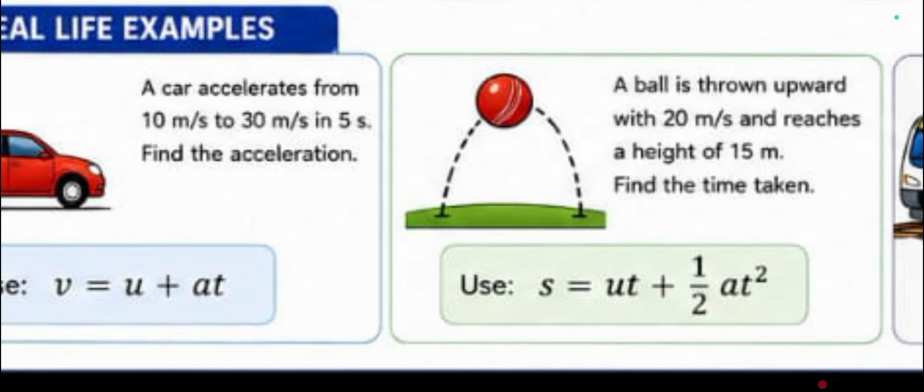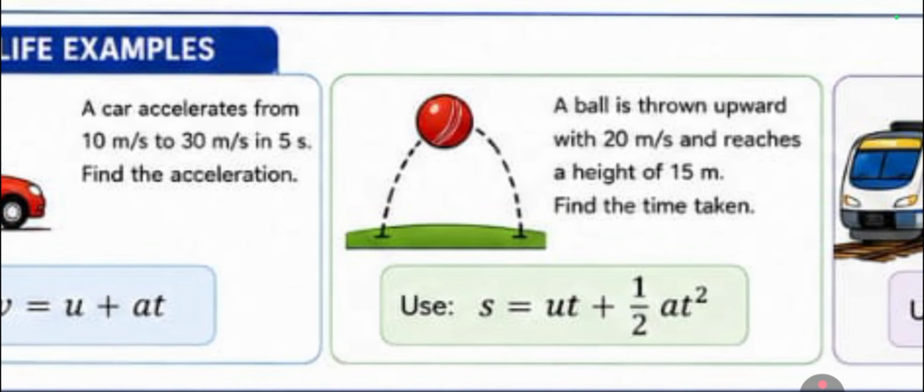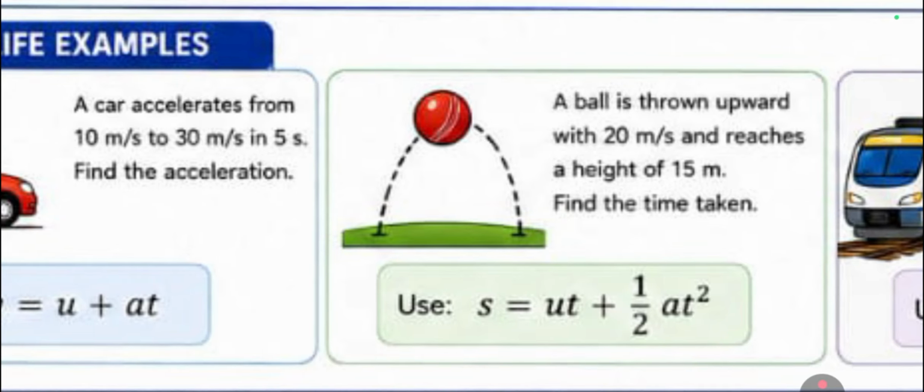The second example: a ball is thrown upward with 20 meters per second and reaches a height of 15 meters. Find the time taken. Here the velocity of the ball is given. It is moving upward with 20 meters per second. So its initial velocity is 20 meters per second and it reaches a height of 15 meters.